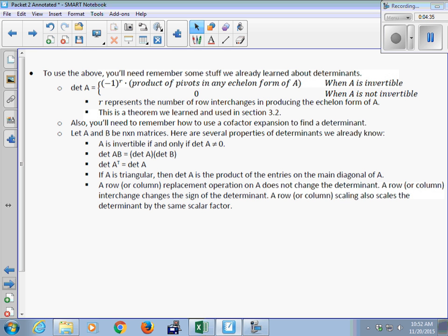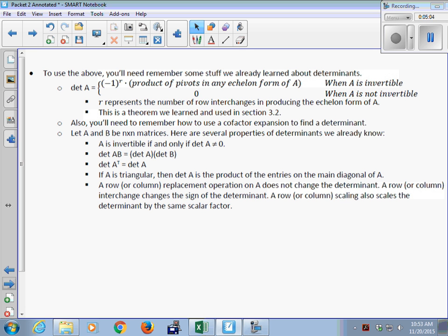But every time you did a row interchange, that changed the sign of your determinant. So that's -1 to the r, where r is the number of row interchanges. One row interchange would make it -1, and -1 squared makes it positive again. This is a theorem we learned and used in section 3.2. Also, you need to remember how to use a cofactor expansion to find a determinant. We'll do a little bit of that later.